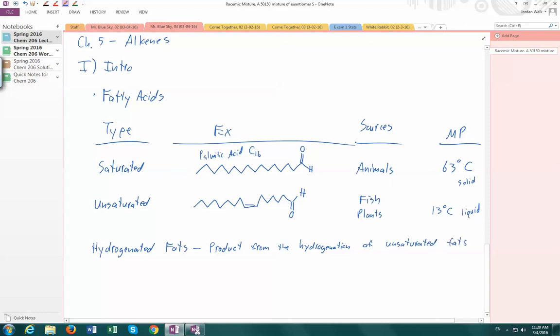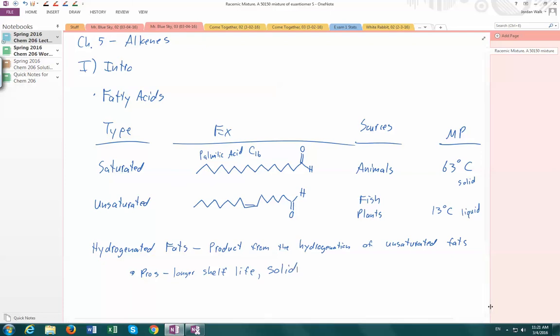The pro to that is it's more stable, so we have a longer shelf life. We don't have to throw as much away if we don't sell it in the supermarket. And that is ultimately because it is a solid.